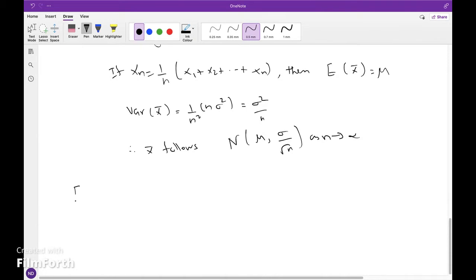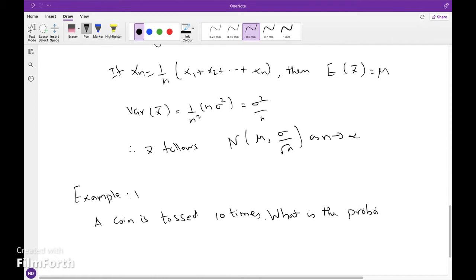Example: a coin is tossed 10 times. What is the probability of getting 3 or 4 or 5 heads?